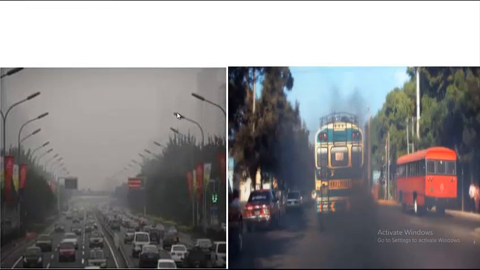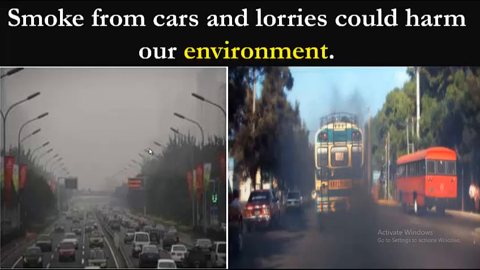Now, my dear students, let's start studying our new vocabulary in our lesson today in context. Look at these pictures. As you see, smoke from cars and lorries could harm our environment.